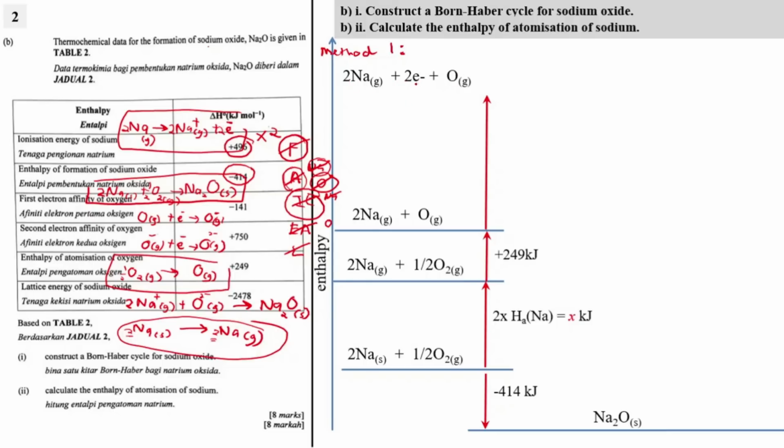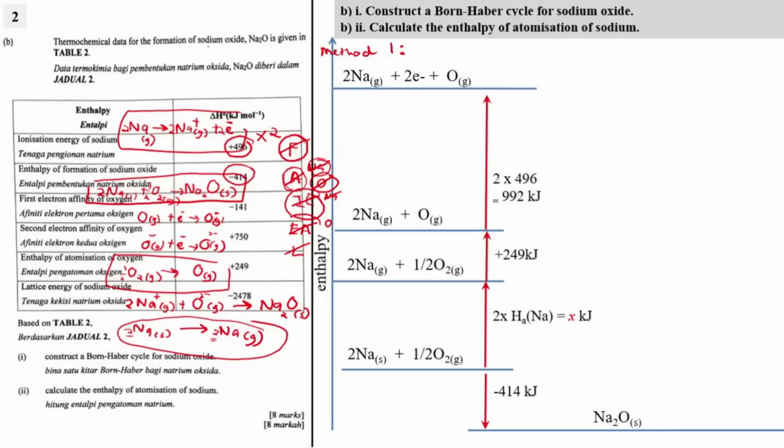What changes here is this part. Then 496 multiplied by 2, you're going to draw the value here, which is 2 times 496, it will become 992 kilojoule. Because it is larger in value, it will have a larger gap, the distance between the arrows is bigger. Okay, now we have done with the ionization energy of Na.